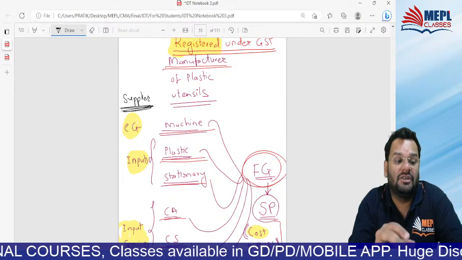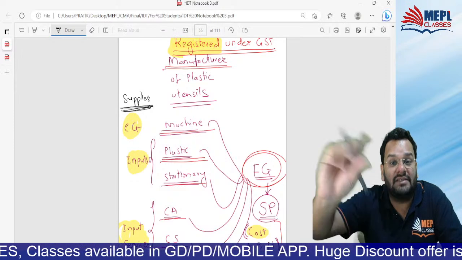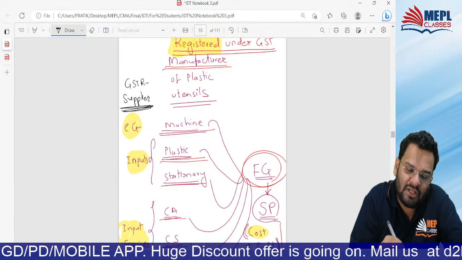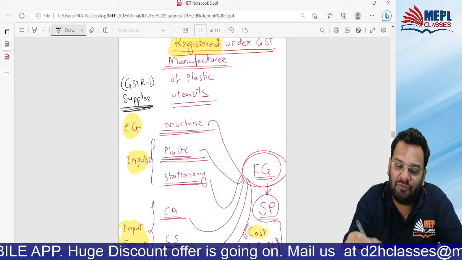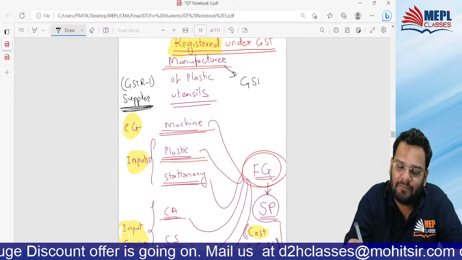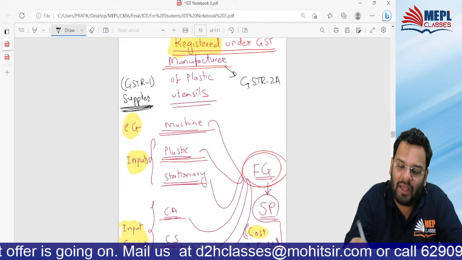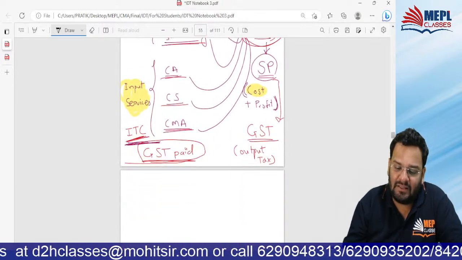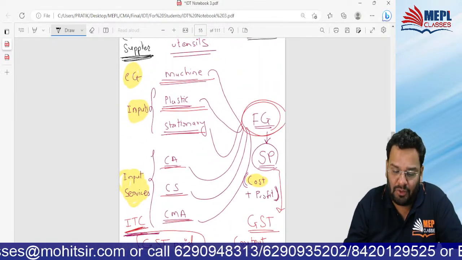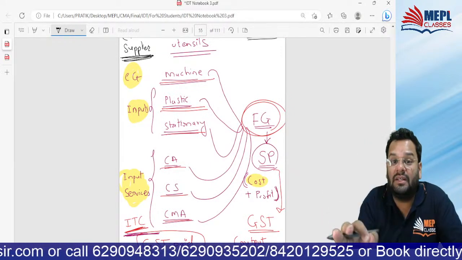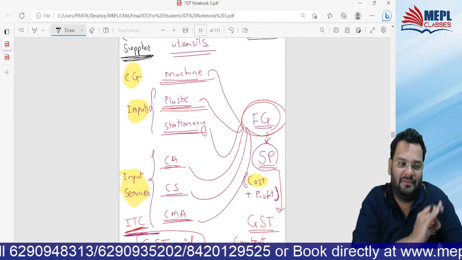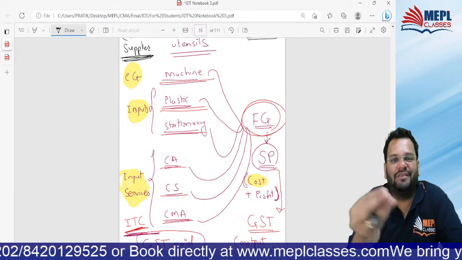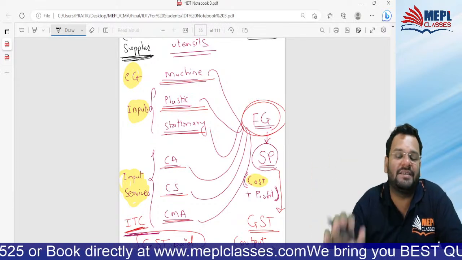The supplier of these things should file the details of their sales in GSTR 1, so that they can be reflected in this manufacturer's GSTR 2A. And he can claim its ITC. So when the ITC is claimed, it gets deposited in the e-credit ledger.